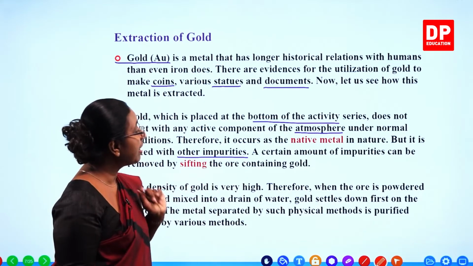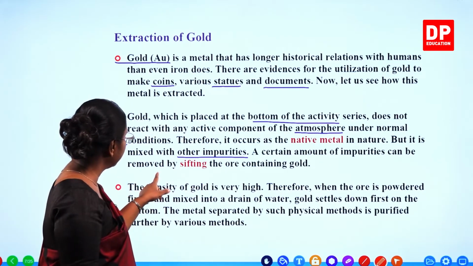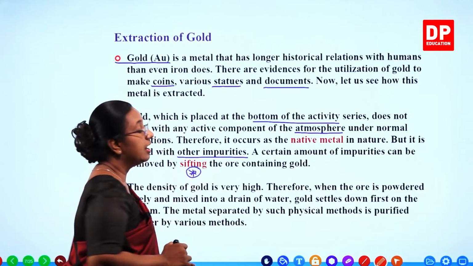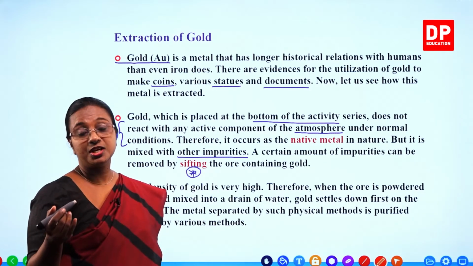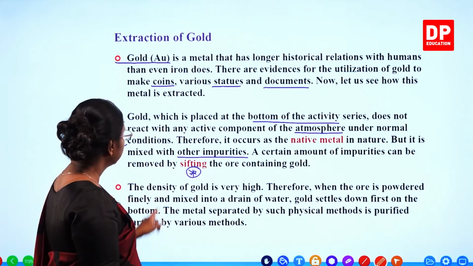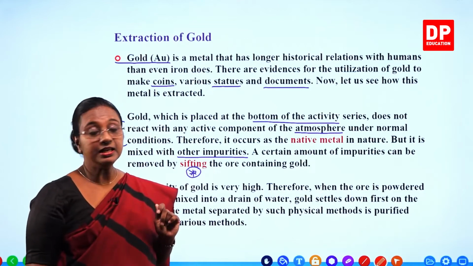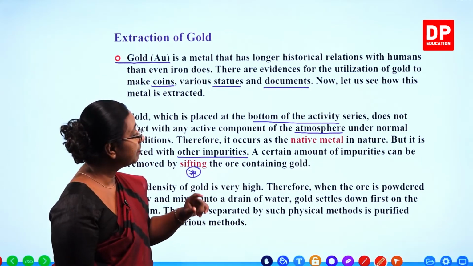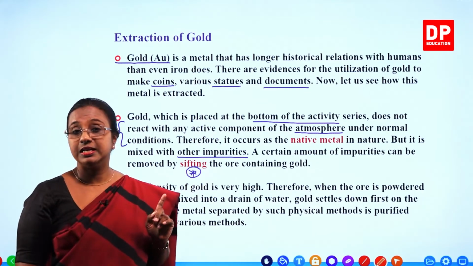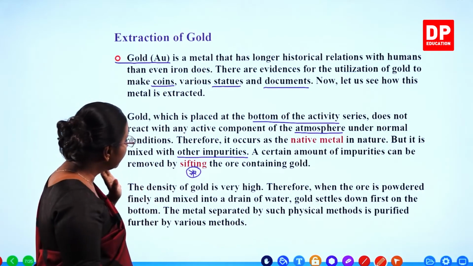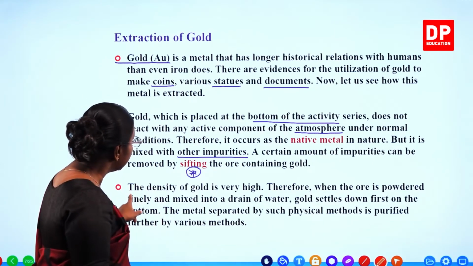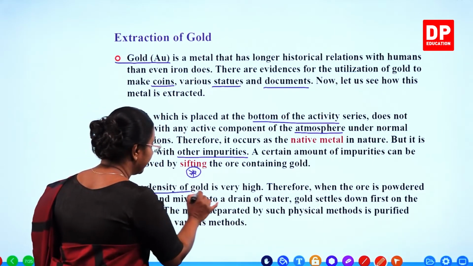So a certain amount of impurities can be removed by sifting. This is the process, a physical separation method or a mechanical separation method. Sifting the ore containing gold. So when we say sifting, this is how it is done. The density of gold is very high.